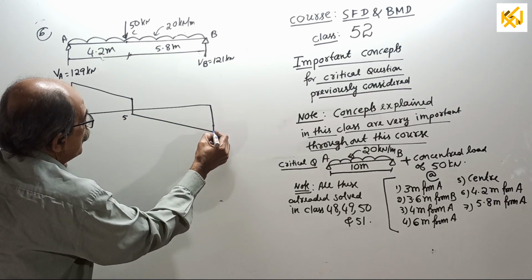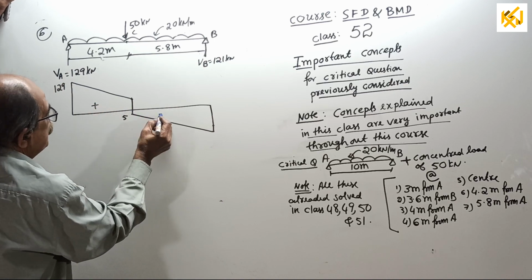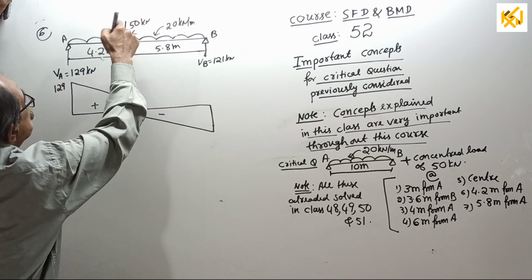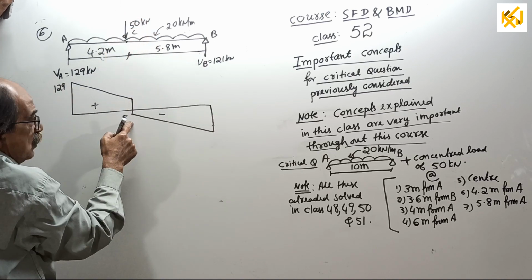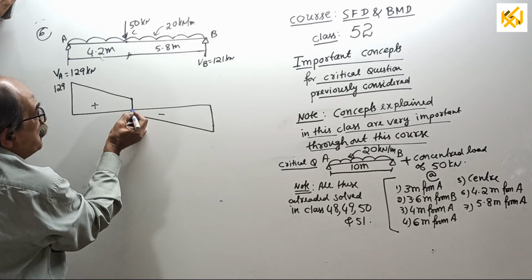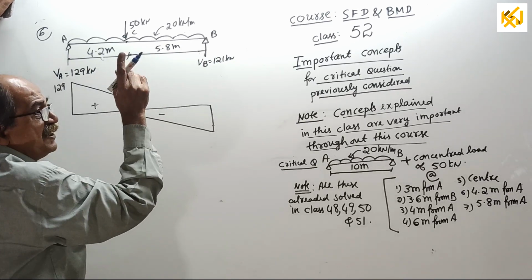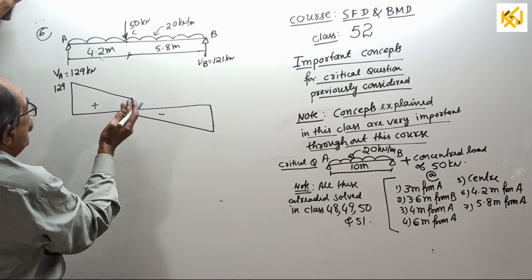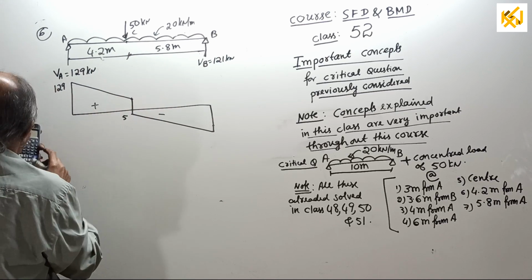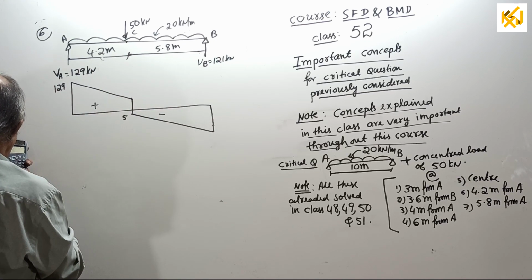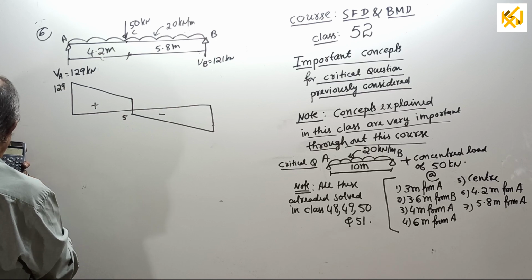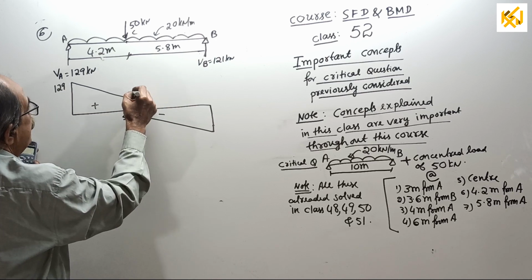Now see, important concept. Plus minus. The shear force diagram is crossing the baseline under the load. But the actual zero shear force is not there. This side, how much did I tell? 129 minus 20 into 4.2. I forgot, right? 45.